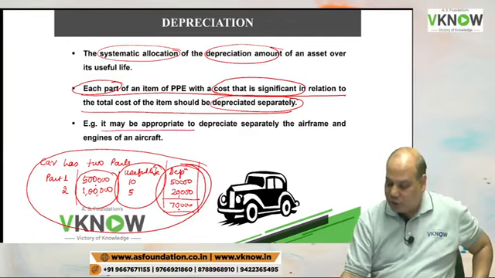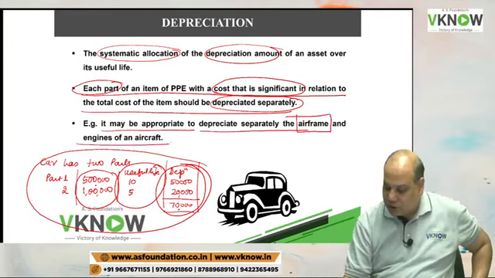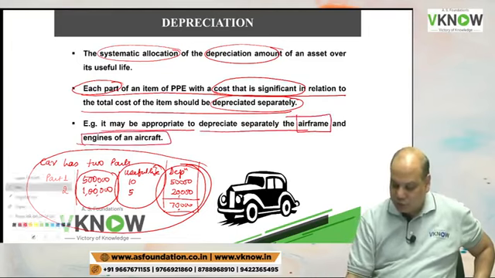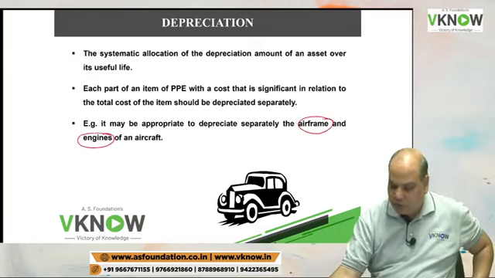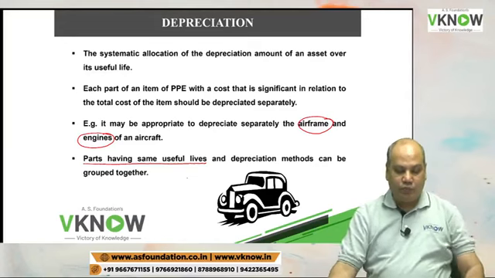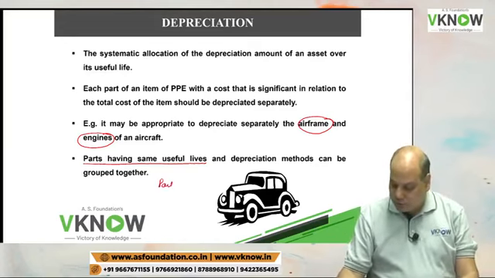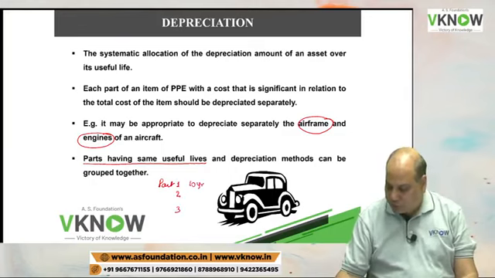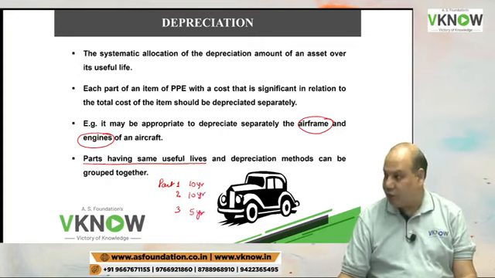Example, it may be appropriate to depreciate separately the airframe and the engine of an aircraft. So in case of an aircraft, the engine and the airframe can be depreciated separately. Then parts having the same useful life: suppose there are 3 parts, and the useful life of part 1 and part 2 both are 10 years and part 3 is 5 years.